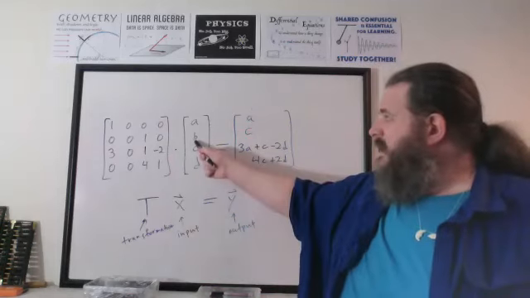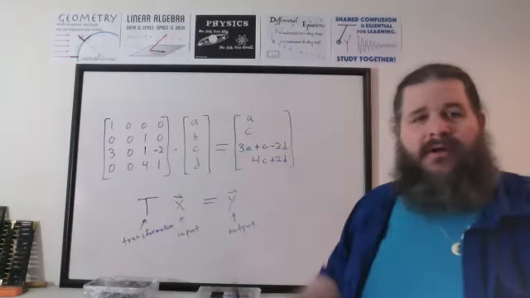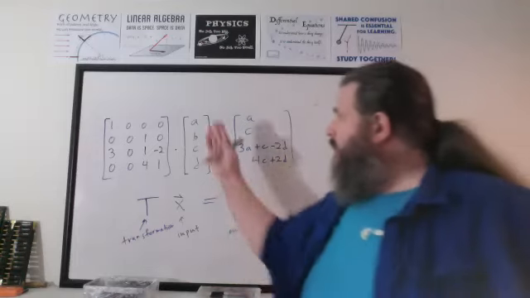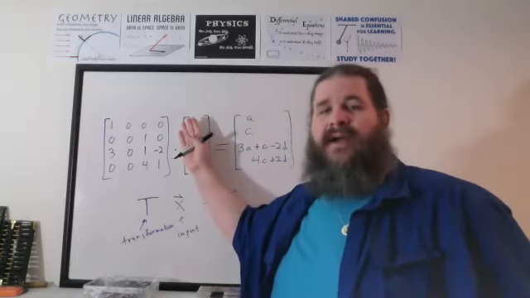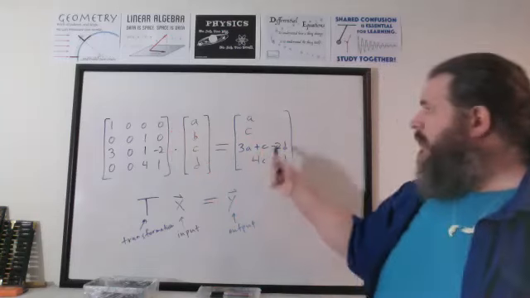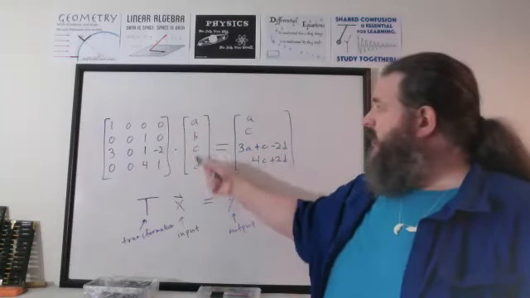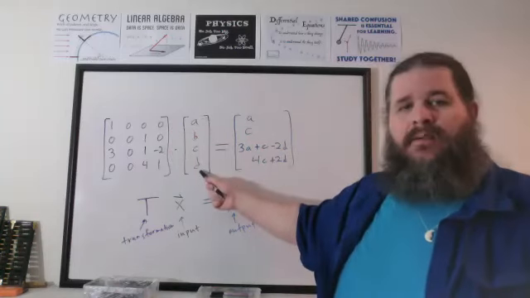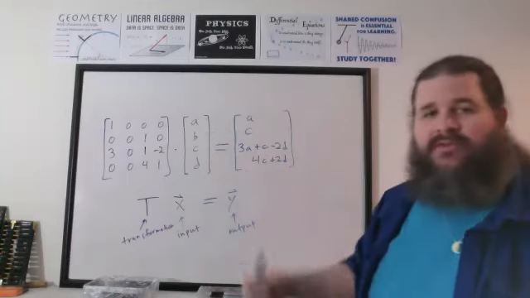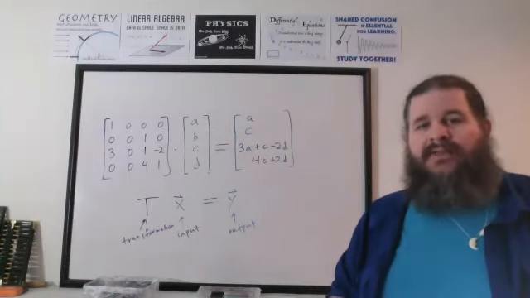So whatever B is doesn't show up at all in the final result. Everything else you could reverse engineer. If you didn't know what the input vector was, but you know the transformation matrix and the result, you could reverse engineer this and find the values of A, C, and D. But there's no way you could figure out what the value of B was because B does not influence the final result. And that tells us that this transformation is not invertible.